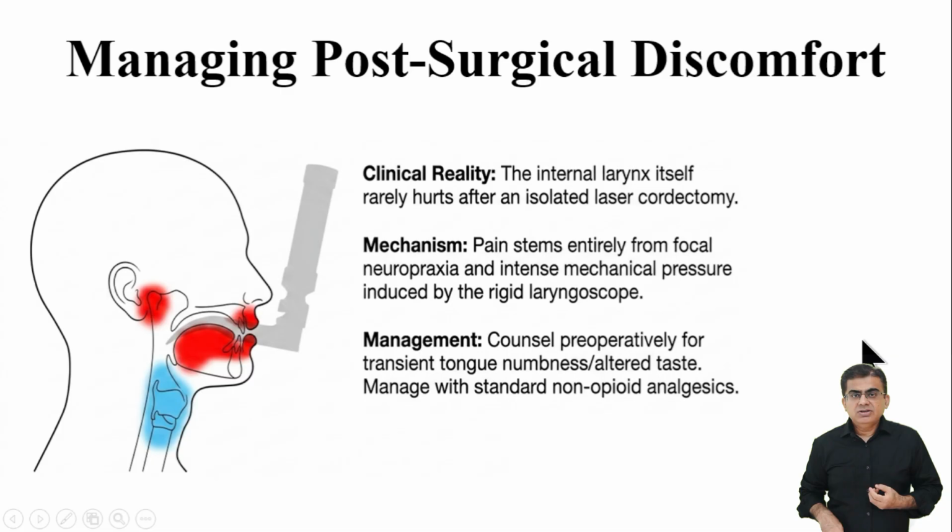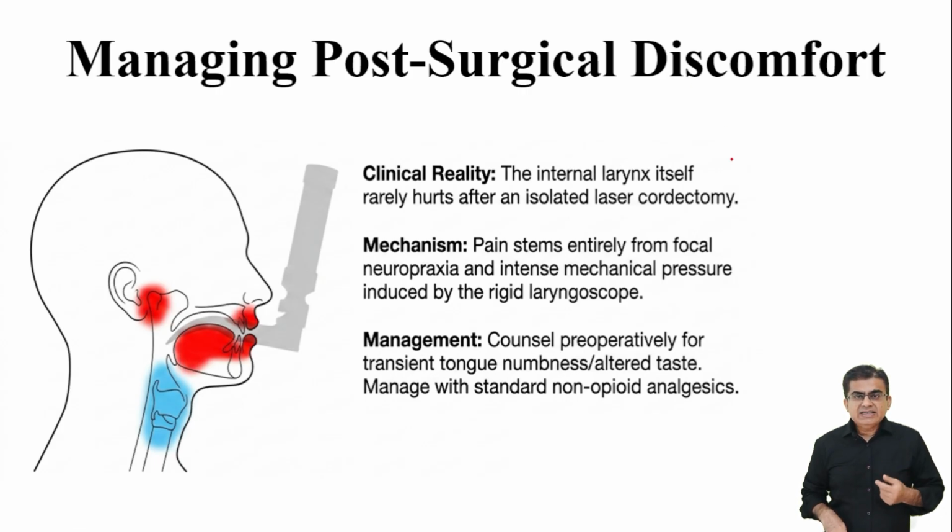Let us now talk about the physical pain a patient feels after surgery. When we remove a tumor from the vocal cord, patients naturally are expected to have terrible throat pain. But there is a major clinical misconception.